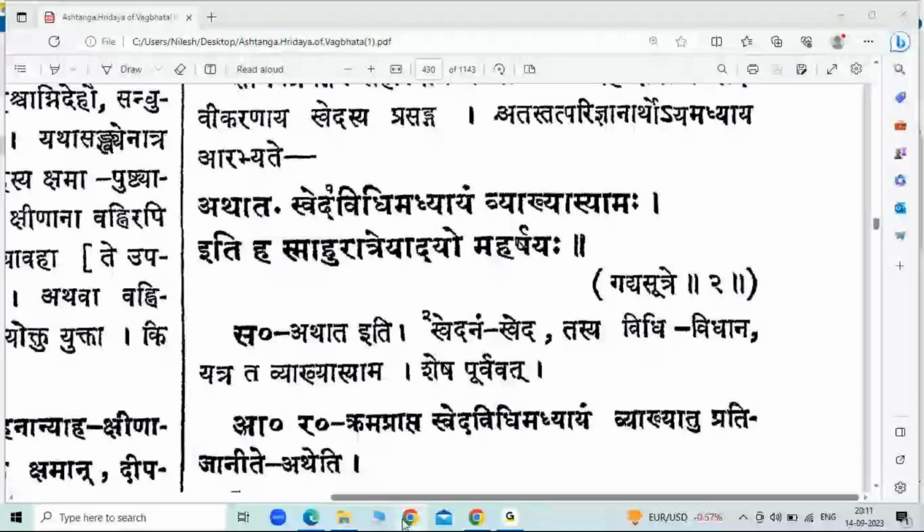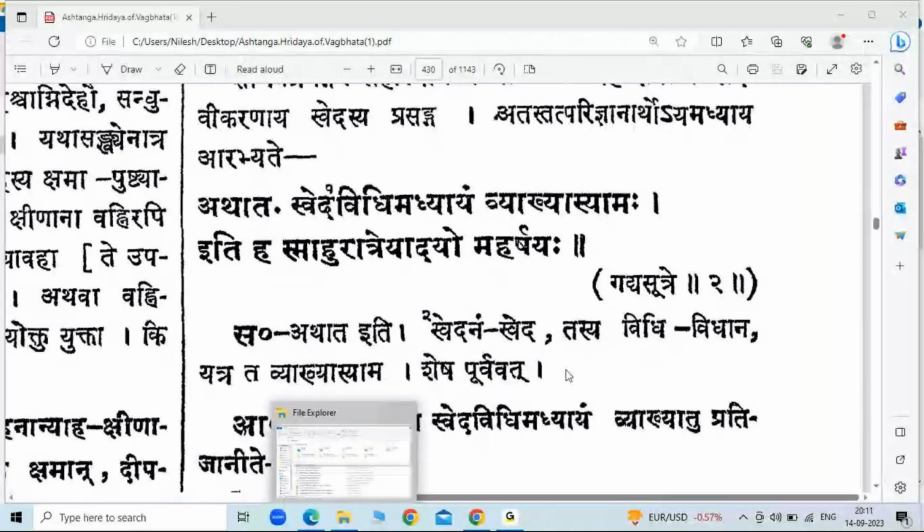Sweda, the procedure, Svedanam. Sweda here means the therapeutic procedure done for the purpose of Svedanam. So the procedure as such is meant for Svedanam, and that procedure Sweda is of 4 types.